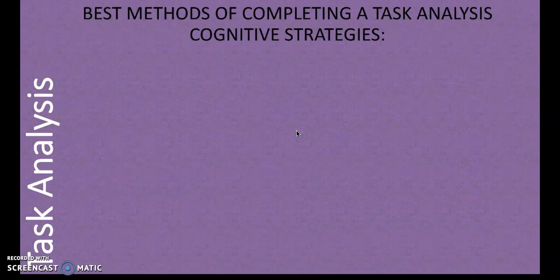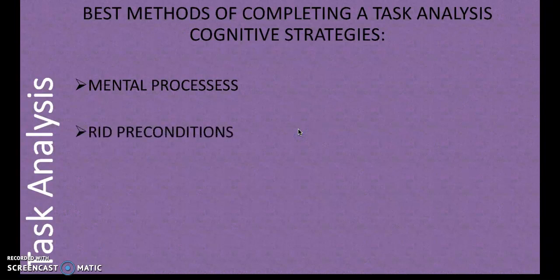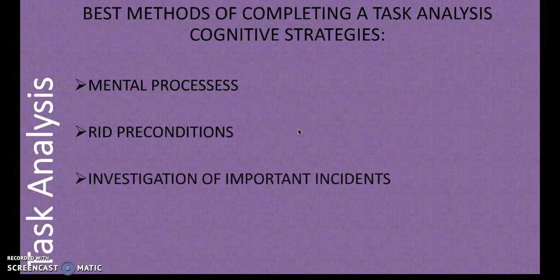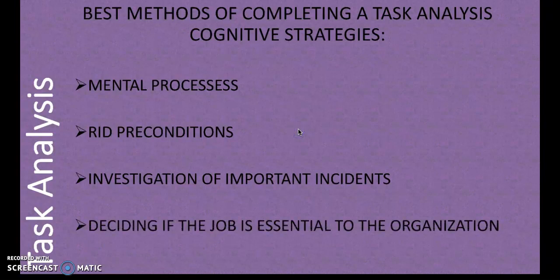The best methods of completing a task analysis cognitive strategies include, but are not limited to, mental processes that are necessary to complete tasks, getting rid of preconditions that impede the workflow, the investigation of important incidents, be they positive or negative, to the task at hand. By using these strategies, it can be decided if the job is essential to the organization.